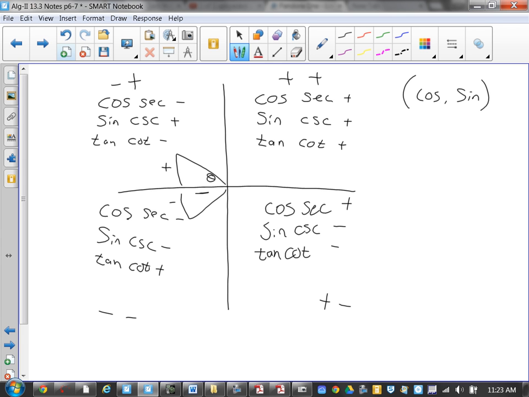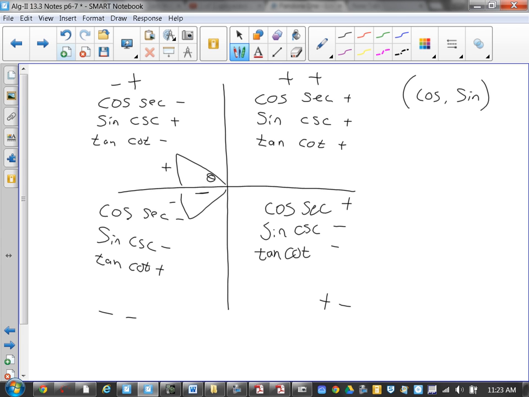Look at the third quadrant. See how they're both negative? Think of it this way: it's a negative divided by a positive, or a positive divided by a negative. It will always be negative in the second and fourth quadrant. Negative divided by negative and positive divided by positive are always positive, your positive diagonal, okay?